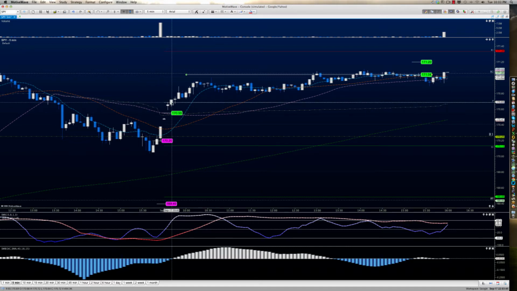Let's say we want to use this level as the next space to be certain. Since we're sitting up above that 50, we want some confirmation. Notice the inflection of that SMI works for us right there. We take the option at 115 to 120, somewhere around there.